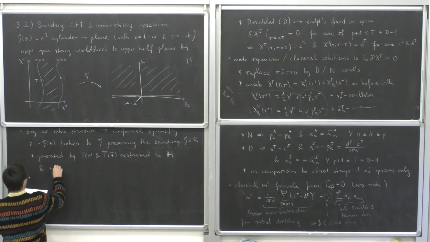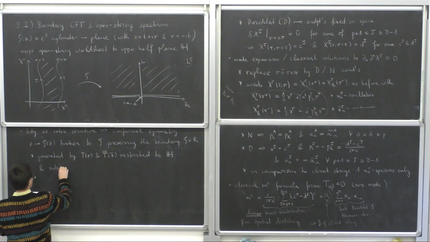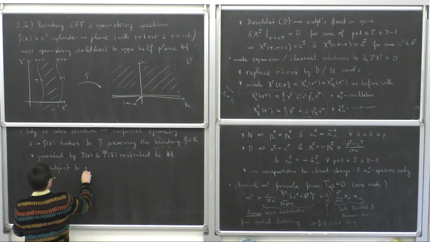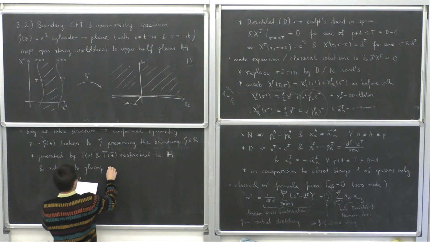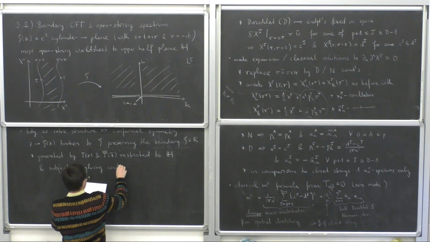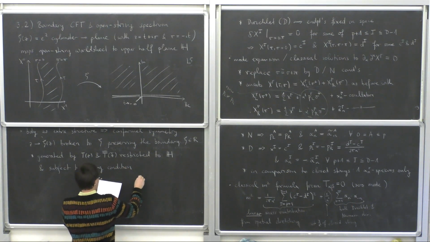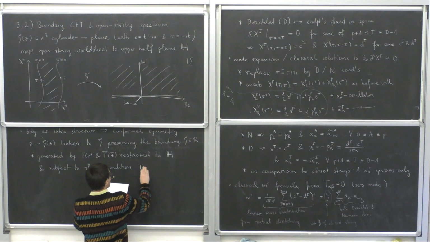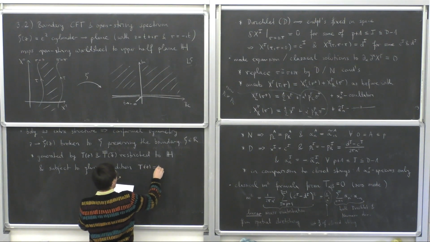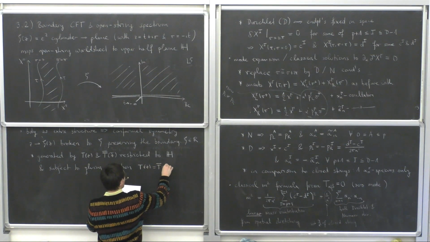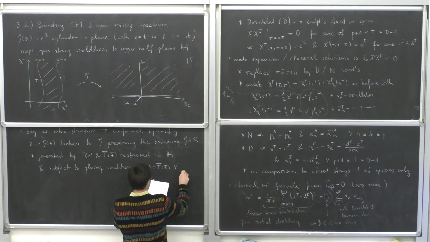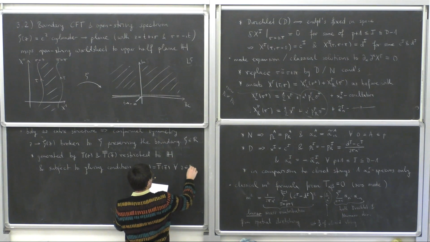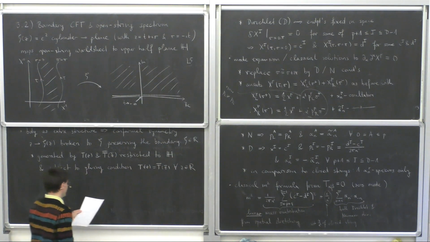So there is a gluing condition, which requires that the two energy momentum components match at the boundary. So in that overlap region where T and T bar are defined, they should better match.